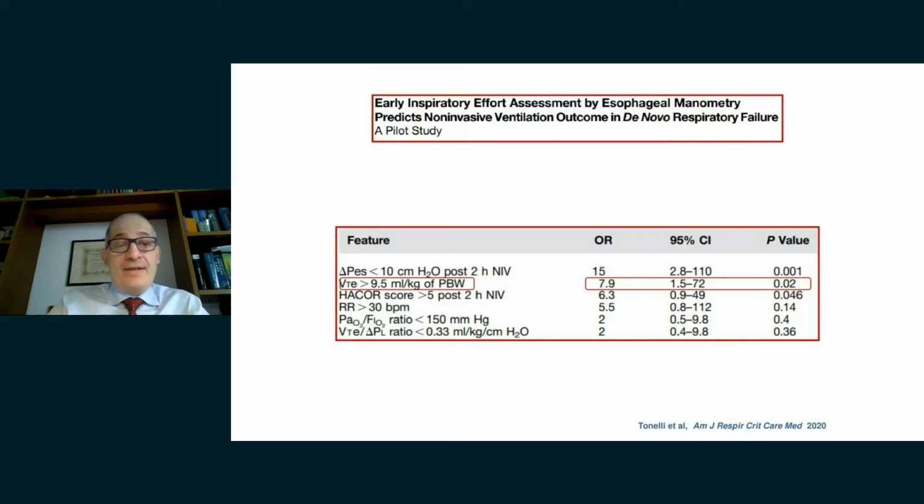Similar data were recently found by another group, similar patients with severe respiratory failure, and patients who received invasive mechanical ventilation, so who got worse, presented a significantly higher tidal volume, and the odds ratio to receive invasive mechanical ventilation in patients who presented very high tidal volume was very high, around 80.